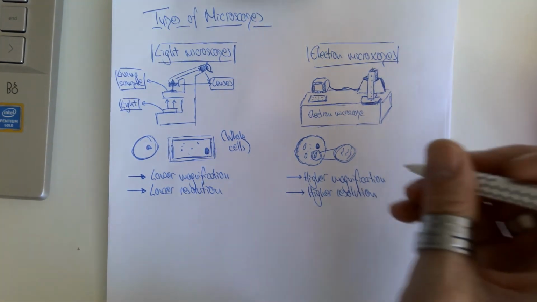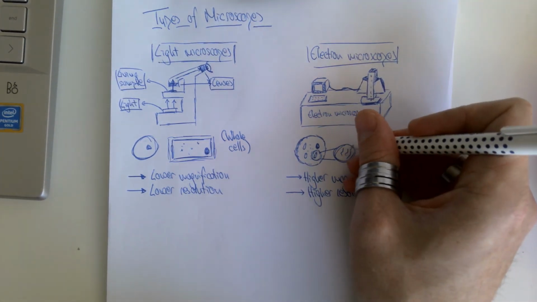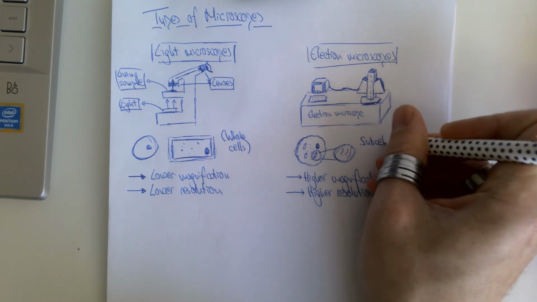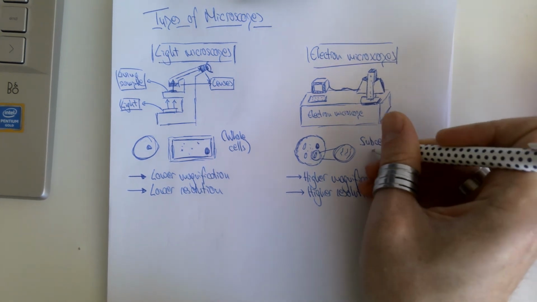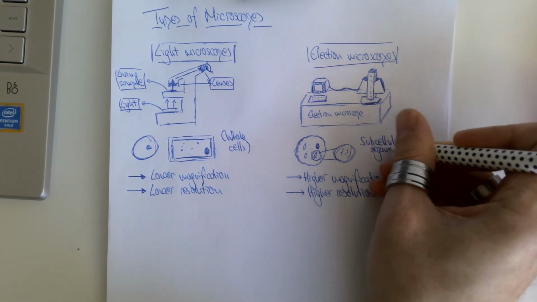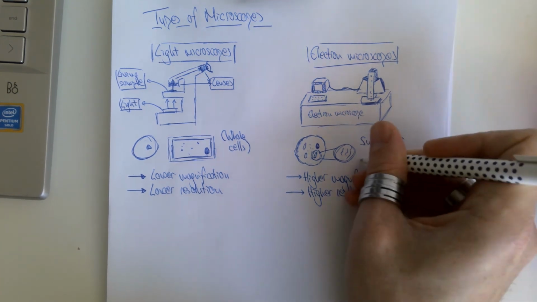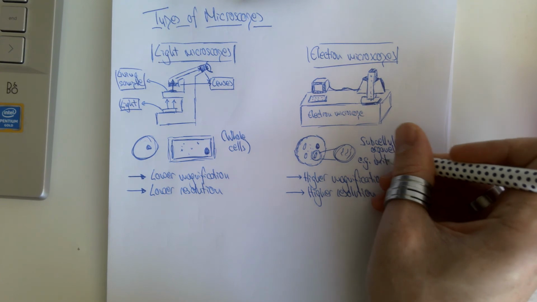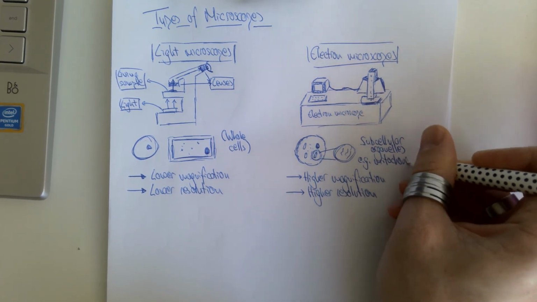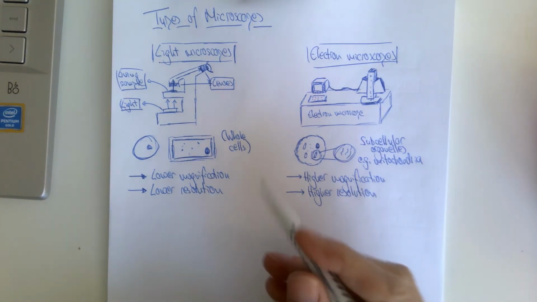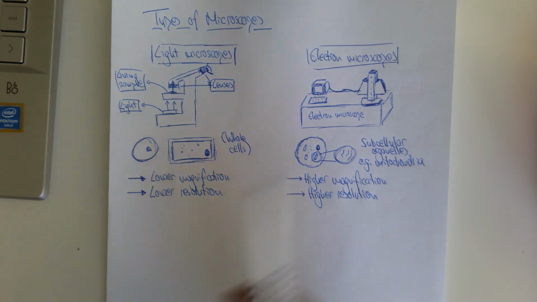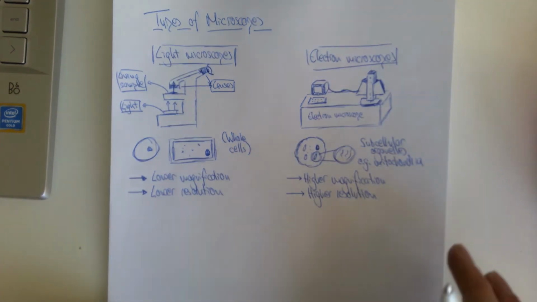So it has the capacity, for example, in cells, to be able to see inside and the actions of subcellular organelles. So you're thinking about things, for example, like ribosomes or mitochondria. Whereas in a light microscope, you might be able to see that some of those organelles are there, in an electron microscope, you'll be able to see actually what's going on inside of those organelles.